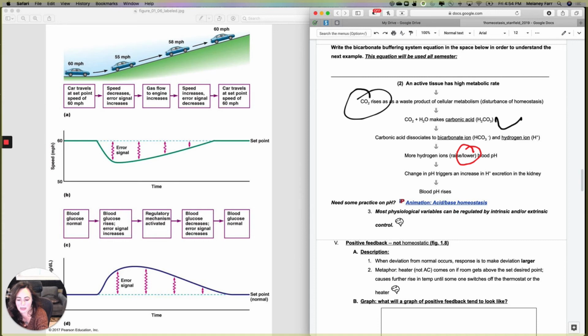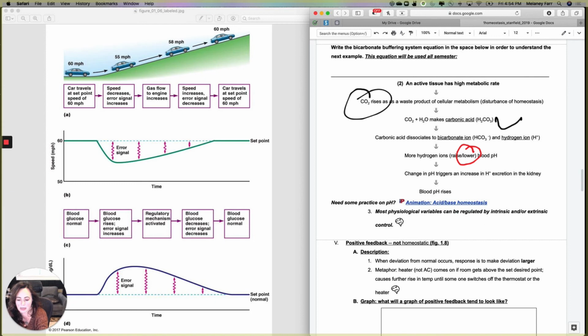Actually, no, it's interesting. You don't, because the change in pH alone will trigger an increase in H plus secretion at the kidneys. So as your pH changes, you do not have to do anything special to get the kidney to dump more of it. The change in pH will trigger an increase in H plus secretion at the kidney, basically make you pee out more H plus.